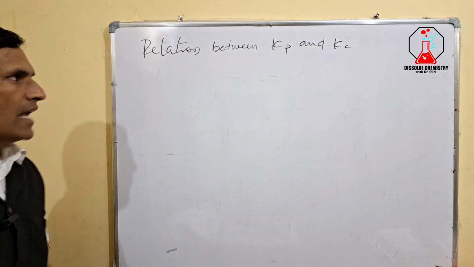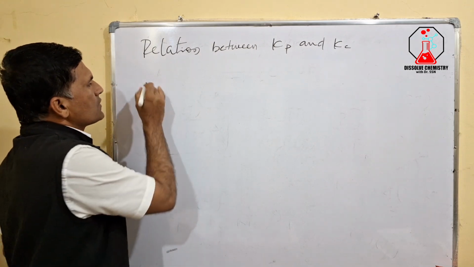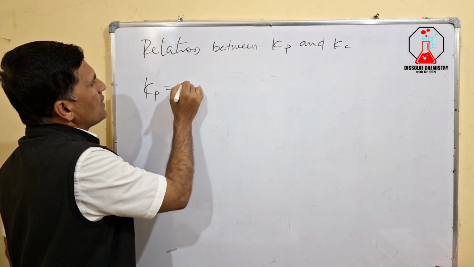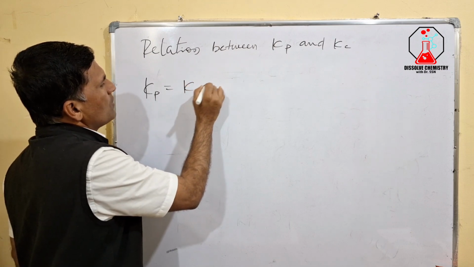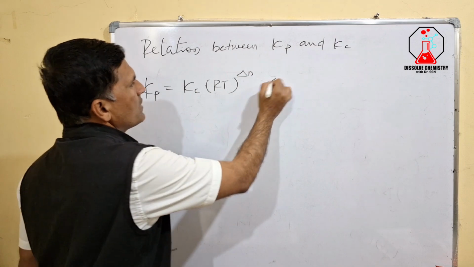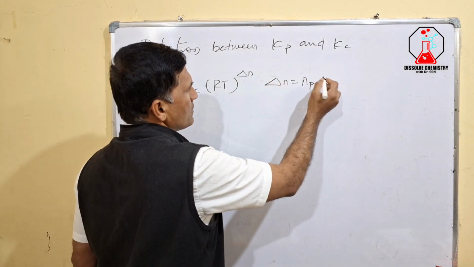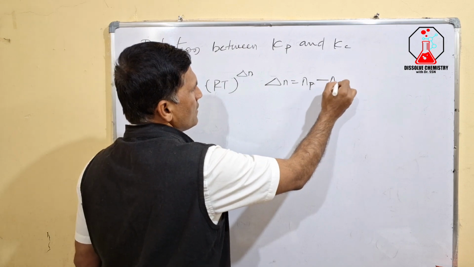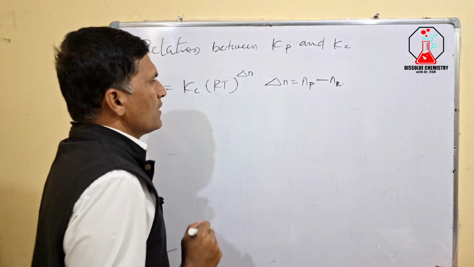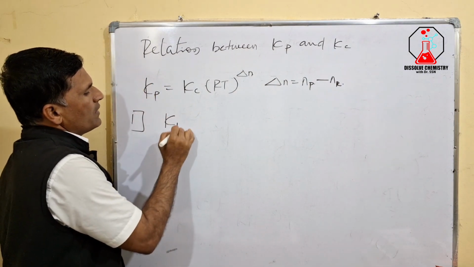See here, Kp is equal to Kc into RT raised to the power delta N, and we must know delta N is equal to the sum of number of moles of products minus the sum of number of moles of reactants.